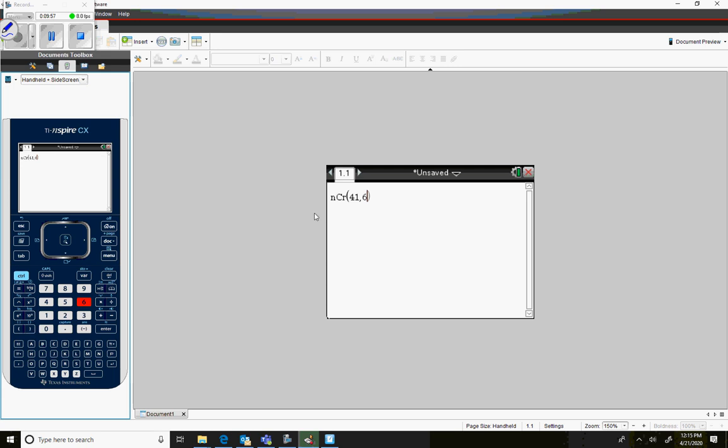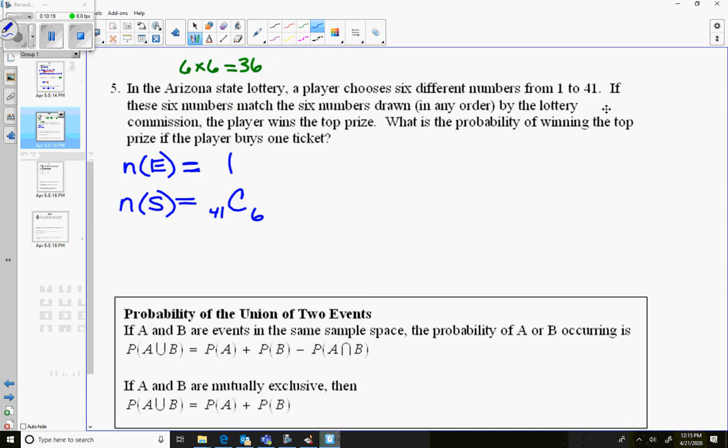Some calculators, you have to hit the 41 before you choose the combination formula and then the 6 afterwards. So you actually have to type it in the way we write it. All right, but in this case, 41 choose 6, what is that? 4,496,388.